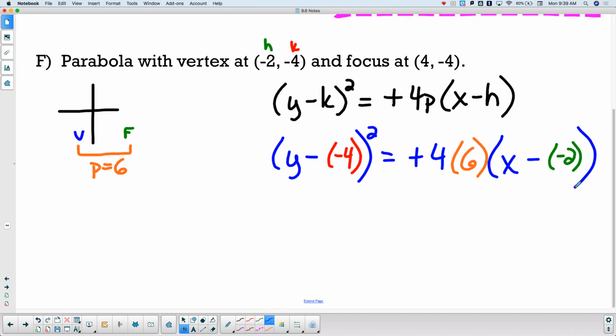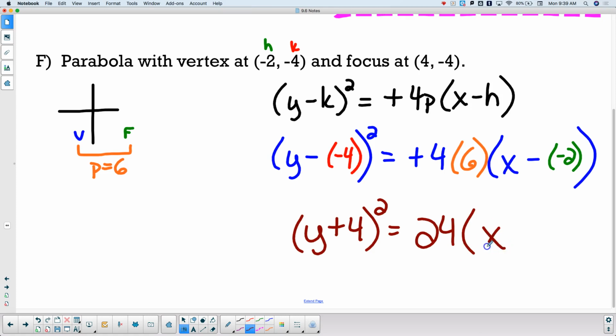But to make that look nice and pretty, that's going to be (y plus 4) quantity squared equals positive 24 times the quantity (x plus 2).